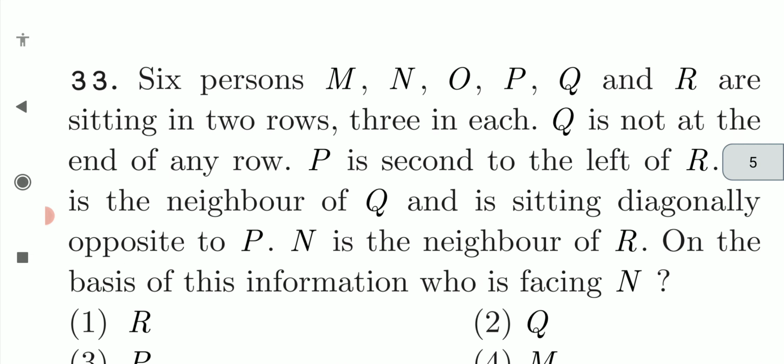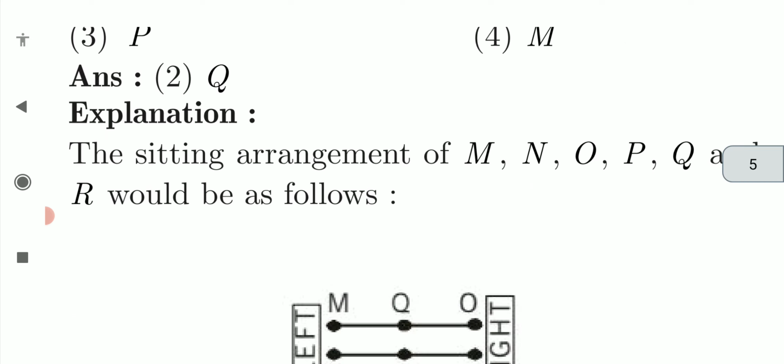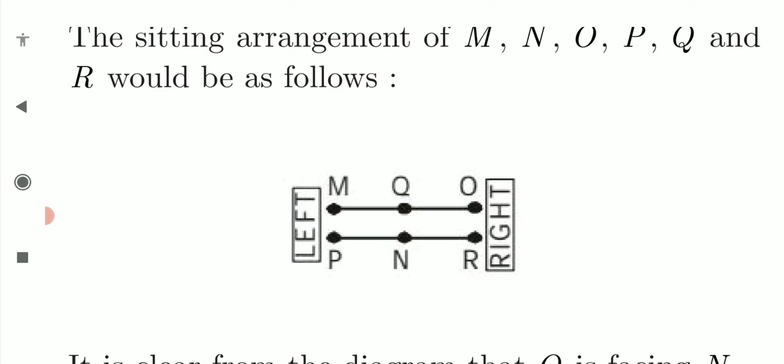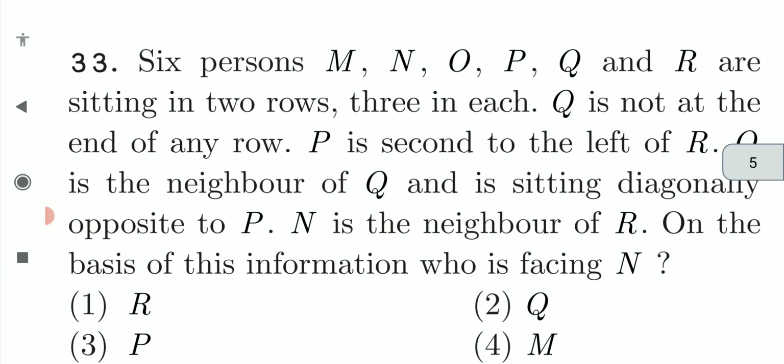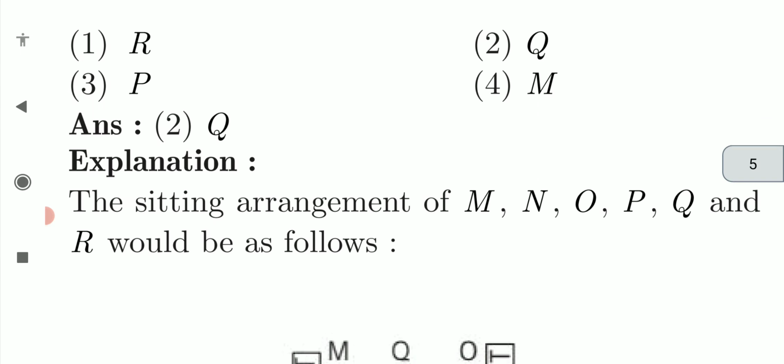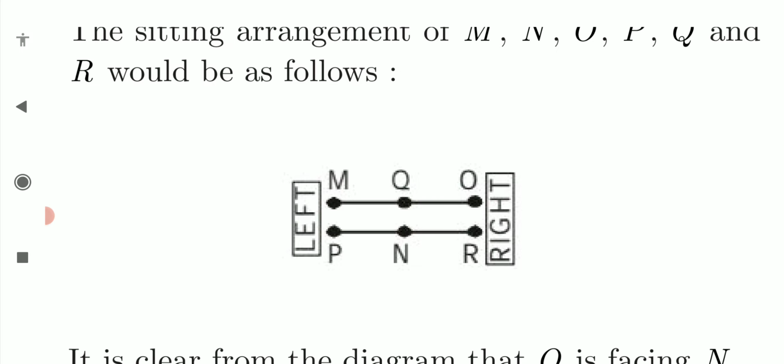Next, 6 persons M, N, O, P, Q, R are sitting in 2 rows, 3 in each. Q is not at the end of the row. So you have to draw the seating arrangement like this: first put left, then right. Q is not at the end of the row, so you have to draw Q at the center.